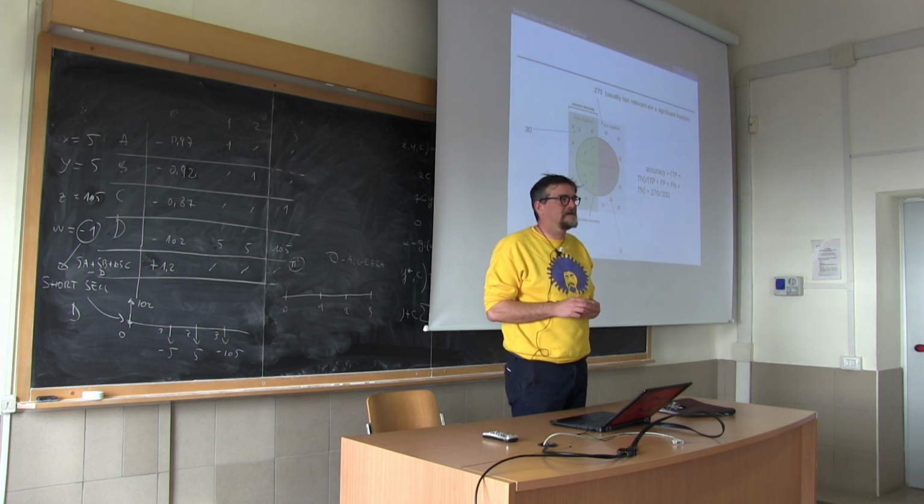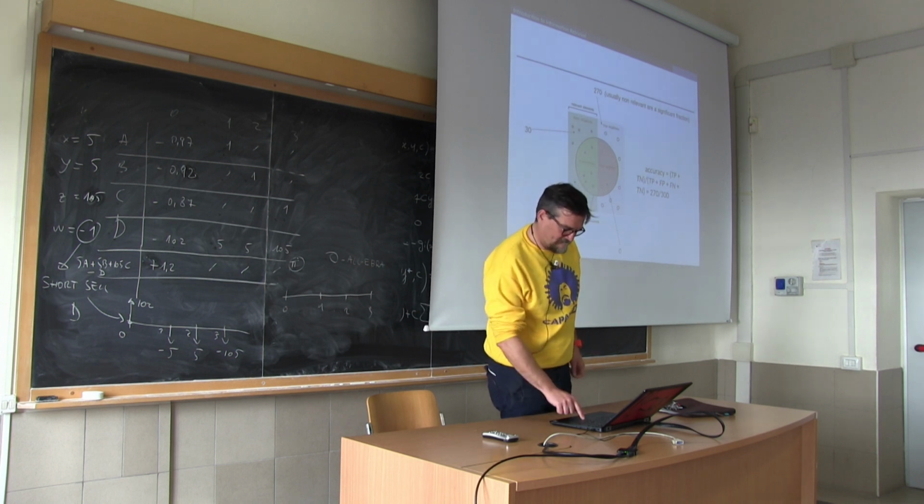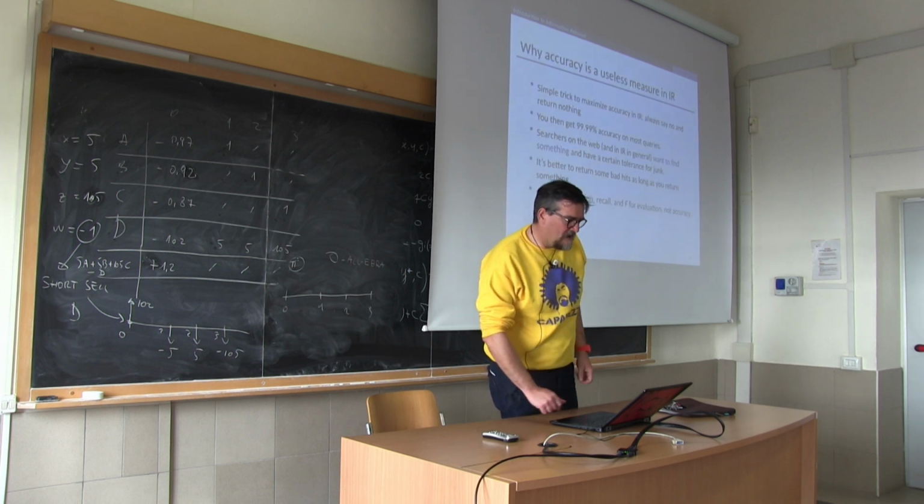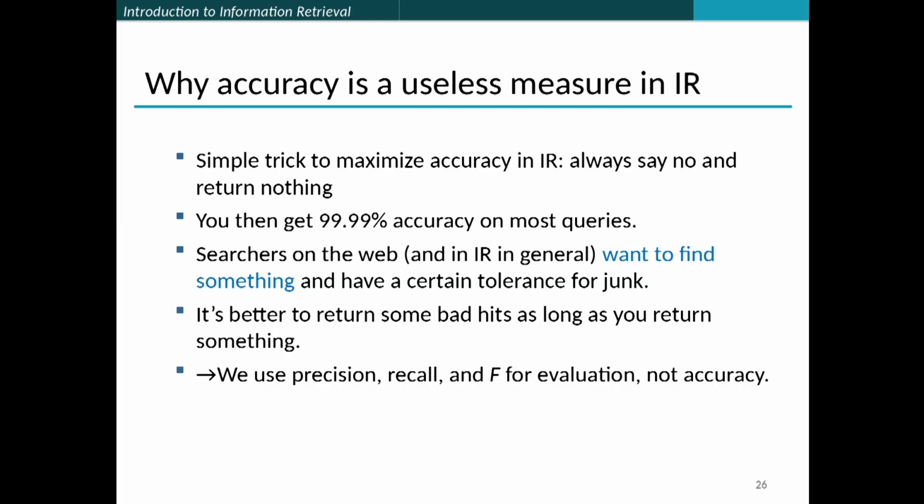Other questions? Okay, indeed, a simple trick to maximize accuracy, according to the observation we made, is to always say no. Always say there are no documents matching your query, and you get a very high accuracy.